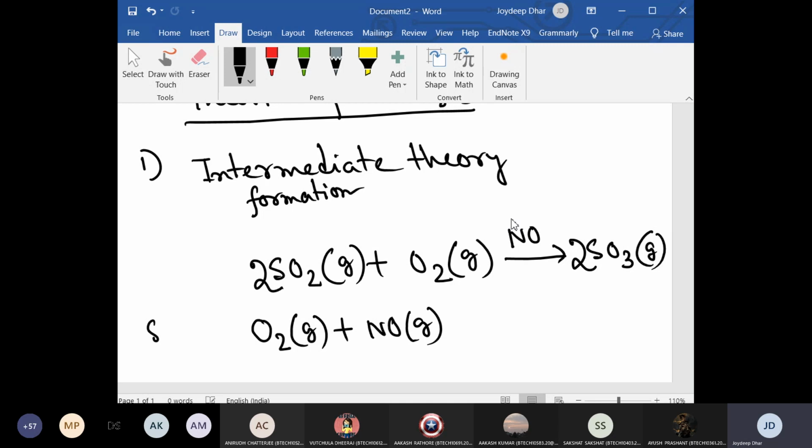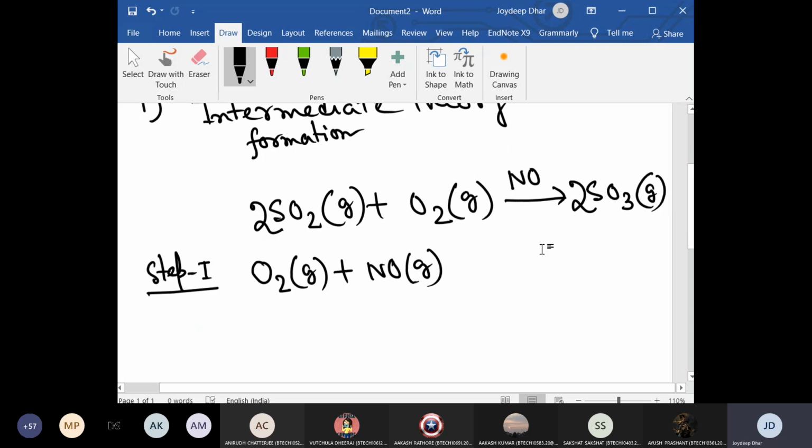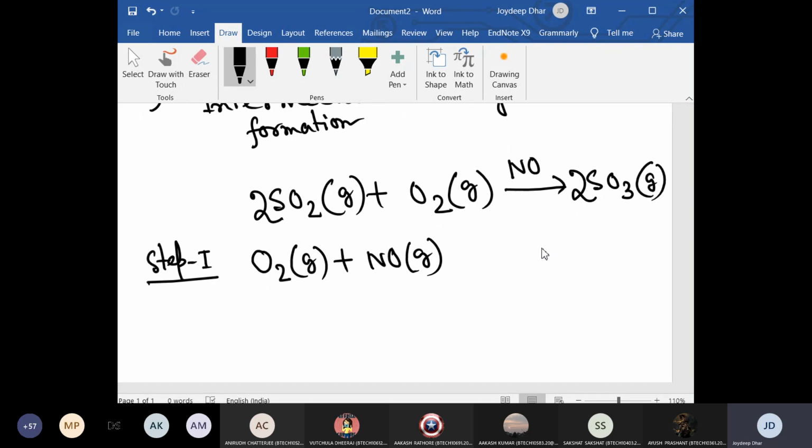So step 1. First I have written the overall reaction. Now, how does nitric oxide perform the catalysis? First the catalyst will react with the oxygen and give an intermediate, nitrogen dioxide. So this is the intermediate.